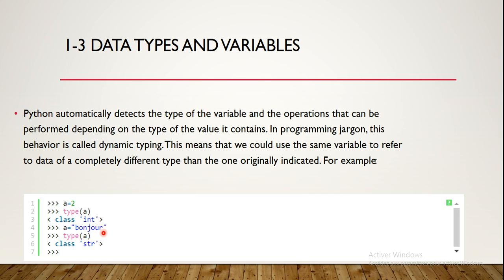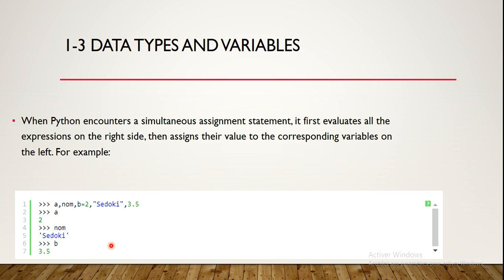As I already showed you in this example, when Python encounters a simultaneous assignment statement, it first evaluates all the expressions on the right side, then assigns their values to the corresponding variables on the left. As you can see, we can declare more than one variable in one line, but in a different way. So let's try it.